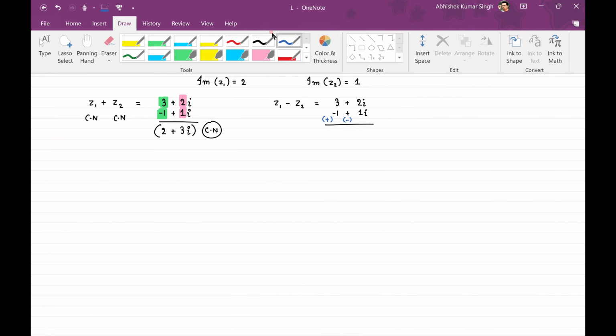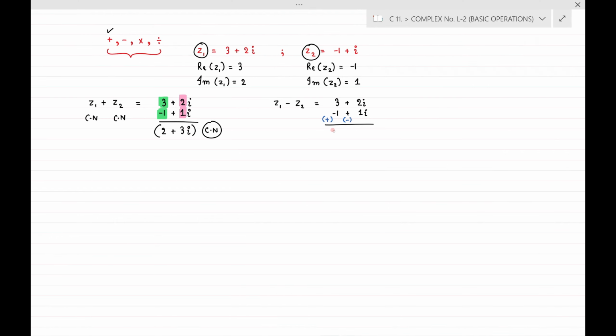After this, 3 plus 1, the value becomes 4. 2 minus 1, the value becomes 1 iota. So this is actually 4 plus iota. So when a complex number is subtracted from a complex number, we get a complex number.